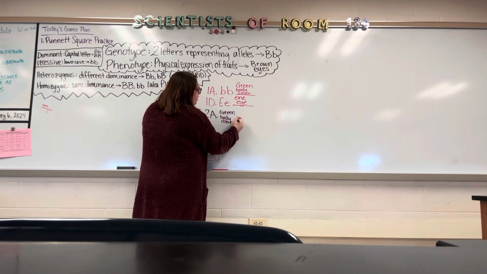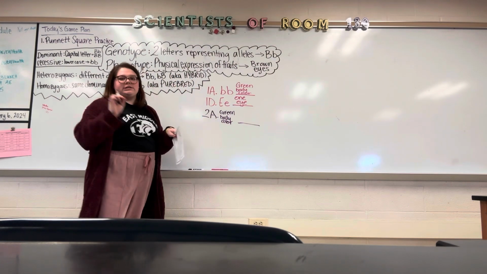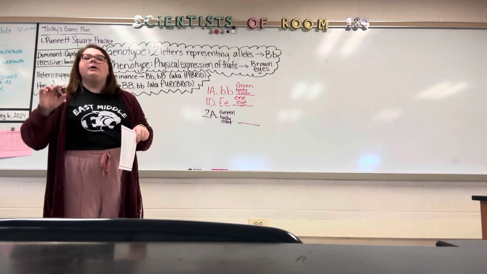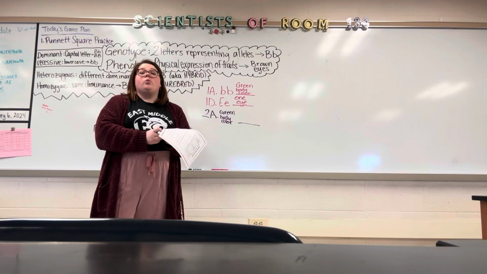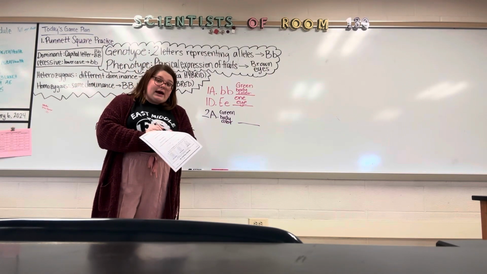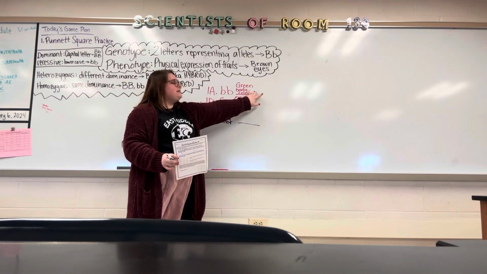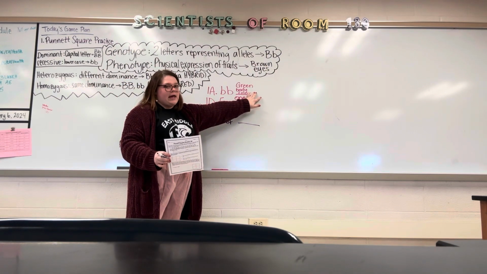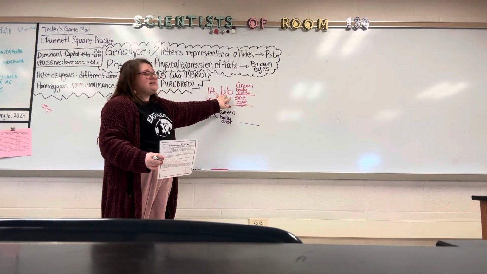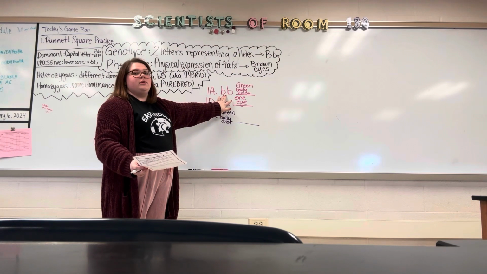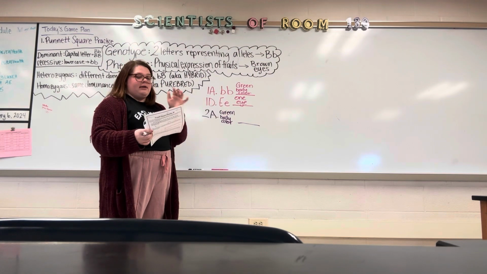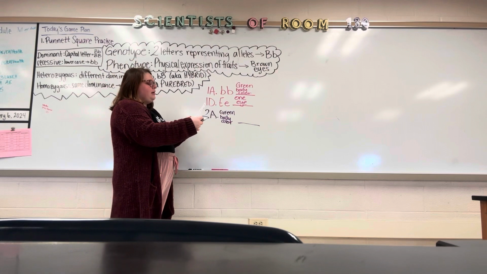I don't know if y'all have ever been told to use the test, to take the test before, but this is a situation where you could use an answer you already have to come up with the answer, because we already did green body color for 1A, and so we technically already have the genotype. But let's go through it anyways.